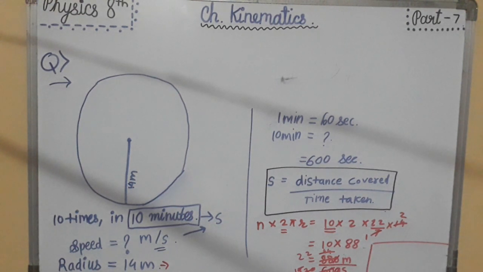Therefore, the speed of the athlete is equal to 22 by 15 meter per second, or we can write it like 22 by 15 meter per second, like this.